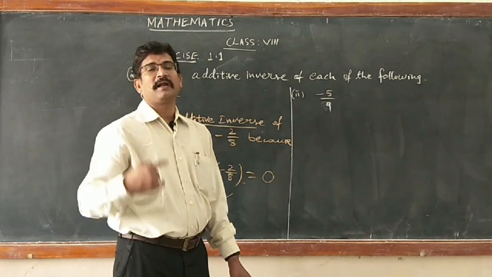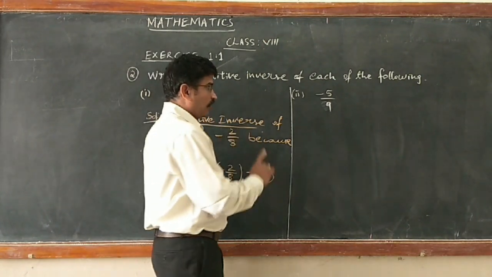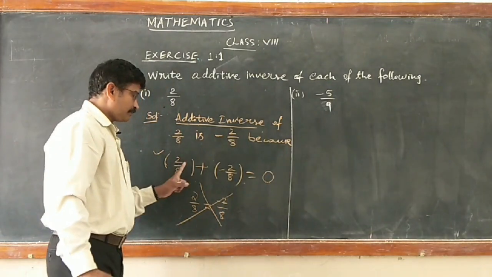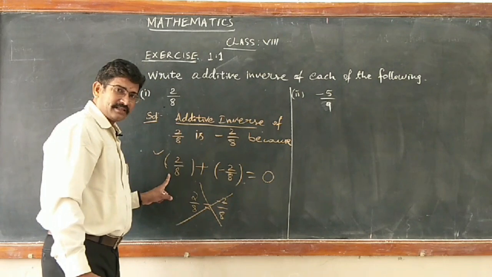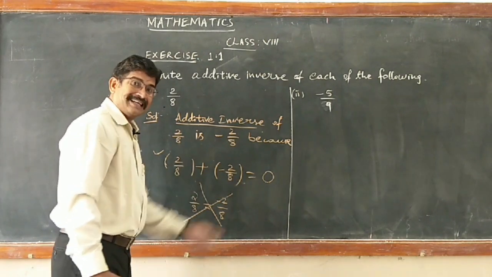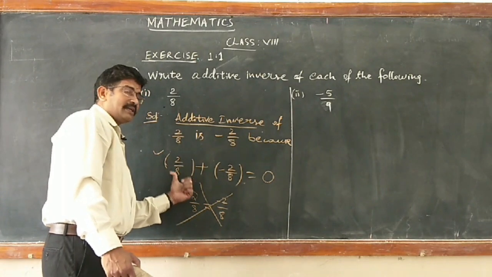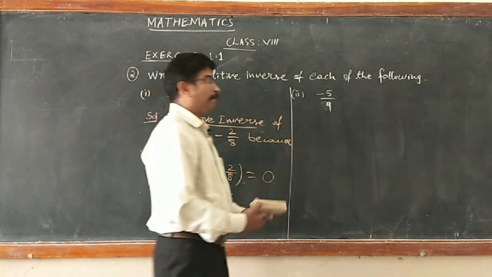Negative multiplied by negative gives positive. So the same thing happens here. How? Minus 2 by 8 is the additive inverse of 2 by 8 because when they are added they give 0. Similarly, 2 by 8 is the additive inverse of minus 2 by 8. So that's how that property has come.